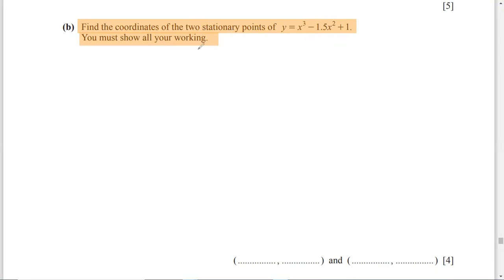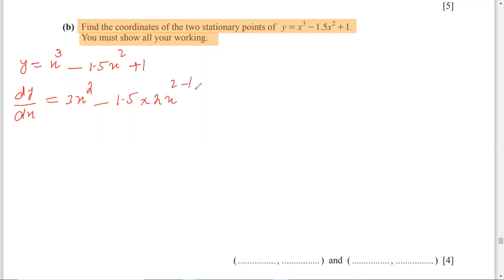Okay. According to the process, here y is equal to x cubed minus 1.5x squared plus 1. The first step is the first derivative, that is dy over dx. Using the power rule, the derivative of x cubed is 3x squared, minus 1.5 times 2x, and the derivative of 1 is 0.